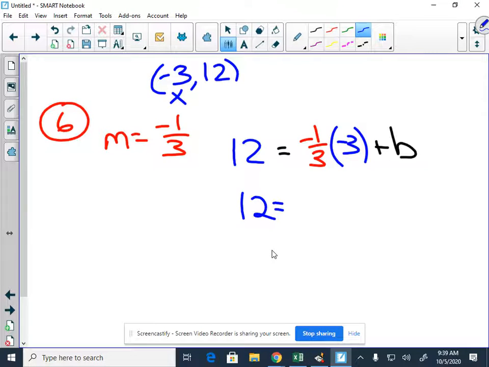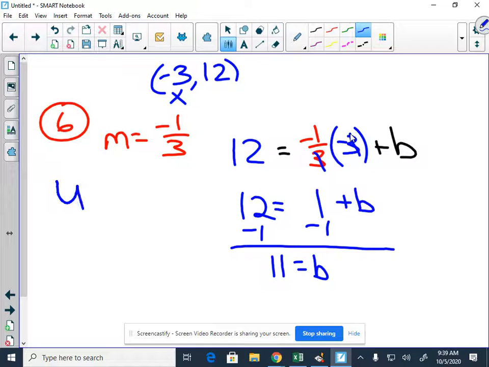You're like, how does that work? Well, 3 divided by 3 gets me 1, and a negative times a negative is a positive. I have one more step to get b. What do I have to do? Subtract 1. Good job.